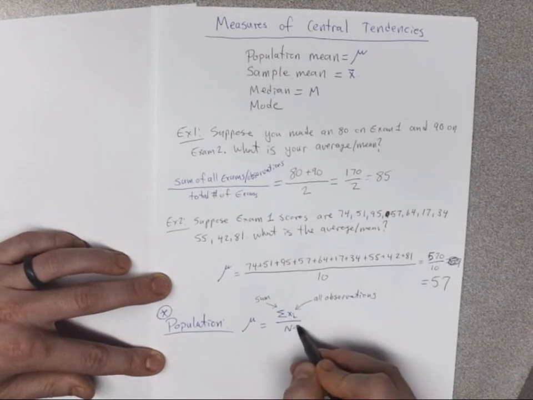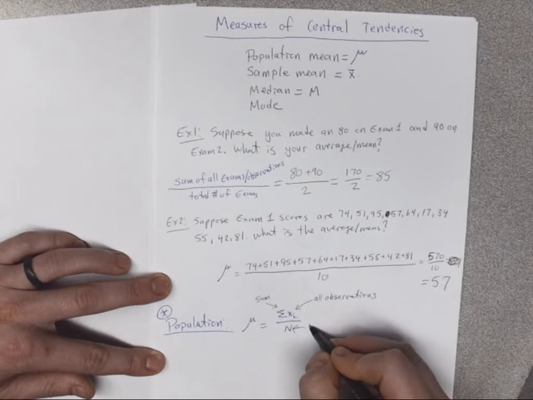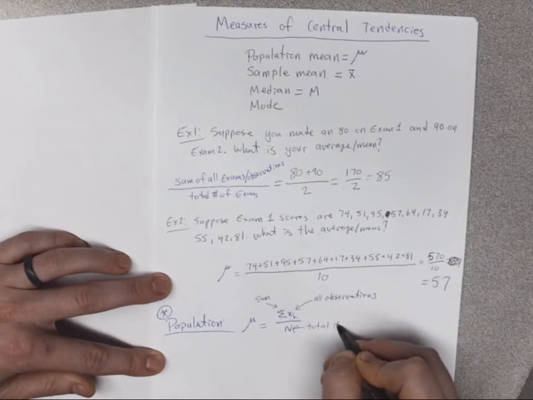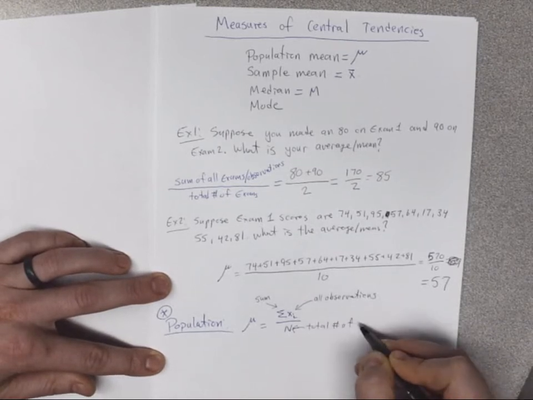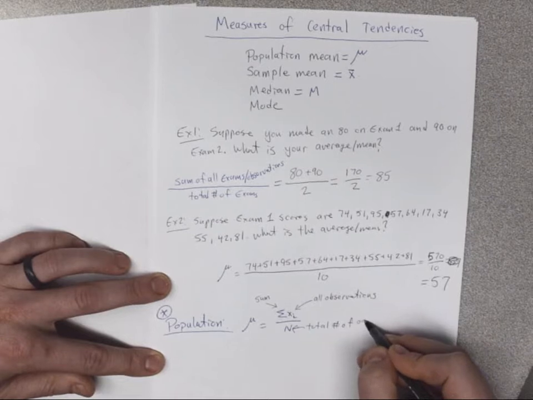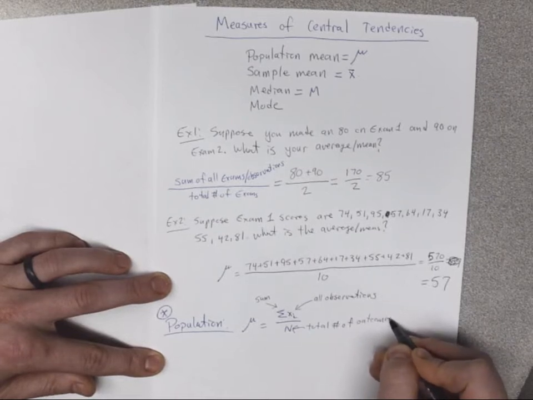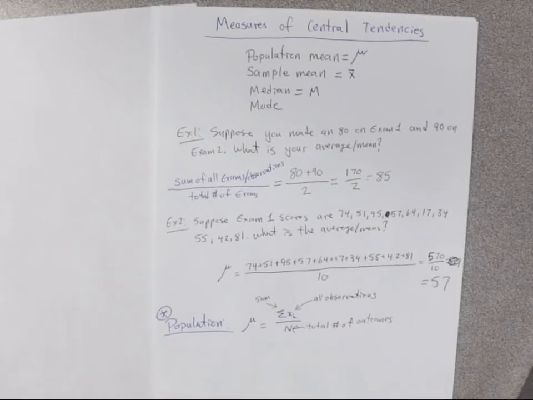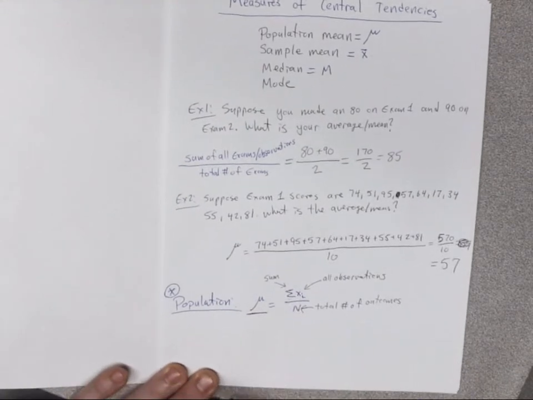And then this capital N represents the total number of outcomes or observations. So on the top is what we're looking for, and the bottom is the total number of them. So the big thing to take away is to know when you see mu, you're dealing with a population.